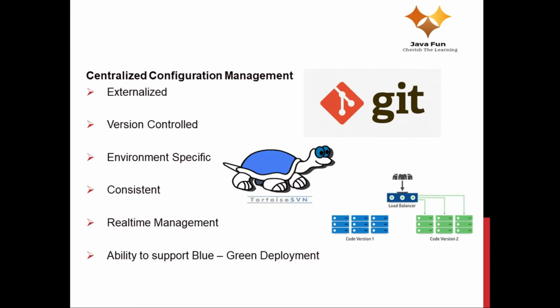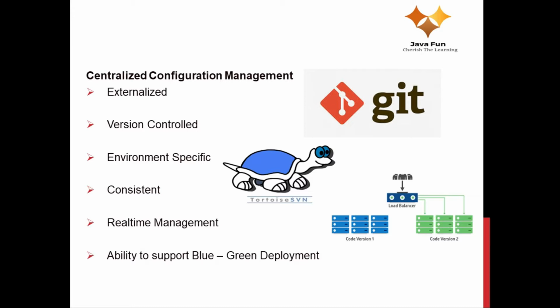Properties are consistent, so whoever is reading them, the changes will be reflected consistently on all the services. You can change the properties in real time. You don't need to restart your service, and there is an ability to support blue green deployment as well, which means that one service can refer to version 1 of your properties, and another service can refer to version 2.